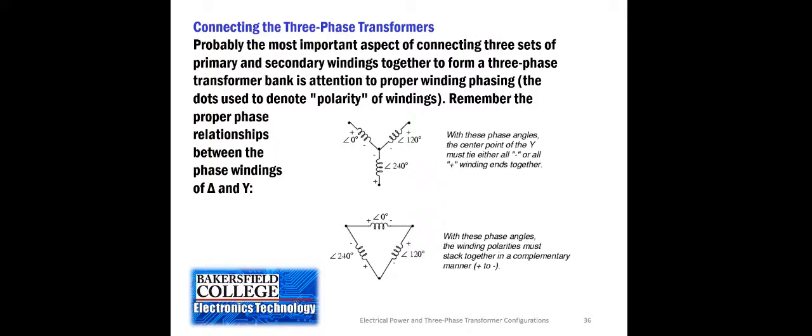Now, when you connect three-phase transformers, whether you're connecting them Y or in delta, the phasing of the transformer is very important because the magnetic polarity, the north and south, have to be in such a way that they are working together and not working apart from each other.